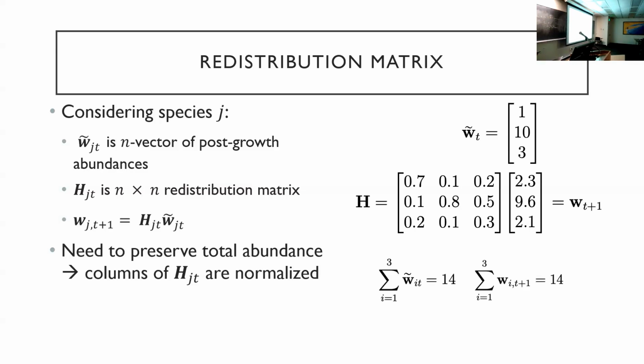Okay, so the values in this H matrix are predefined, but we actually don't know those. So what we might want to do is have them have a functional form, depending on some parameters that bring in this notion of maybe temperatures impacting how or where species are moving. We're going to bring that in later on as well. But it really depends on the system, right? I can't say that there's going to be this redistribution matrix for all species. It really depends on if you're working with insects or fish or birds.